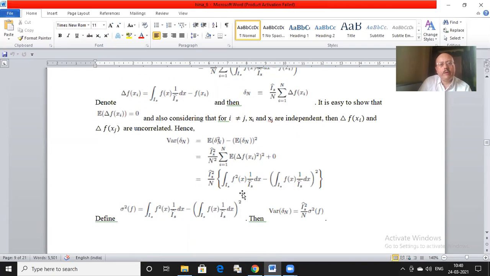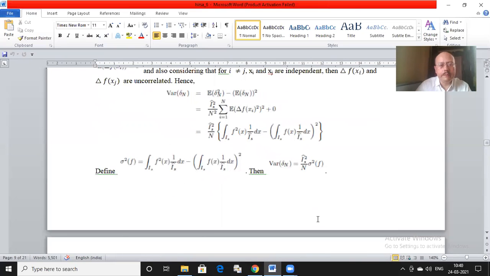Now again, define the term in the second bracket as sigma square f. This is my so-called variance of the function f, if the function is itself stochastic. Then the variance of delta n would be nothing but sigma square f divided by n. So we have more or less recovered the simple random sampling result.